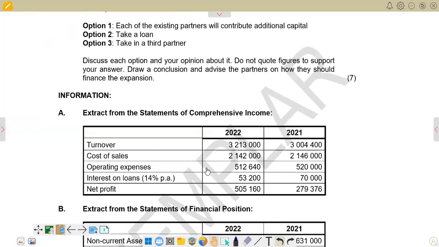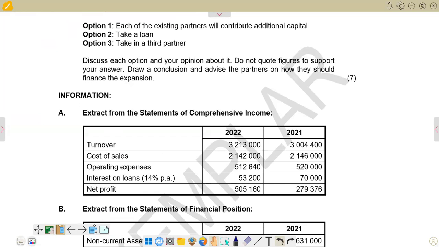You see that our gross profit is not given, but our cost of sales is given as 2,142,000.